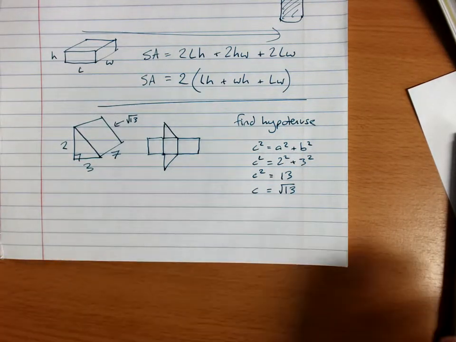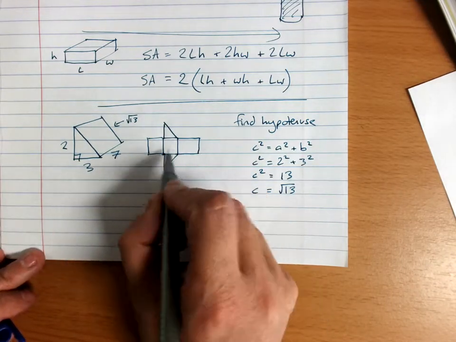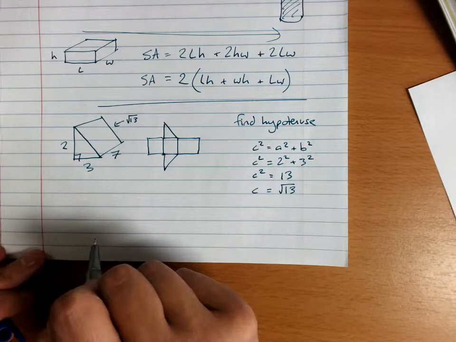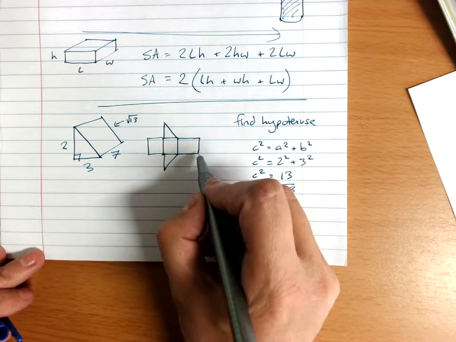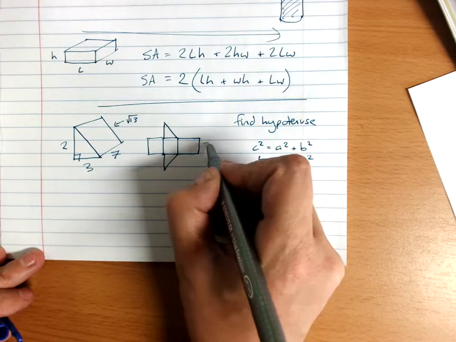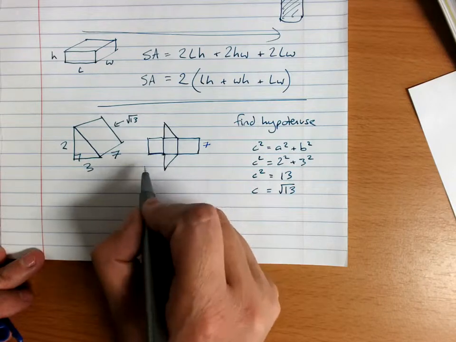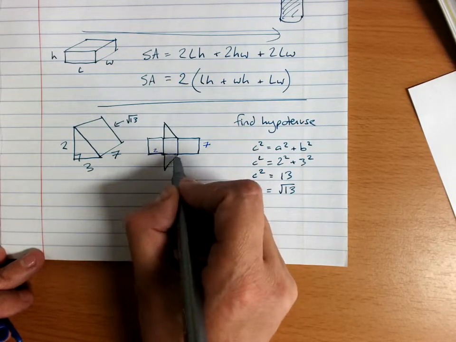No, let's not zoom. So, how many rectangles? 3. Look again. 1. What is the height of this rectangle? 7. Everything's 7. This tiny little rectangle here: 2. This one: 3.